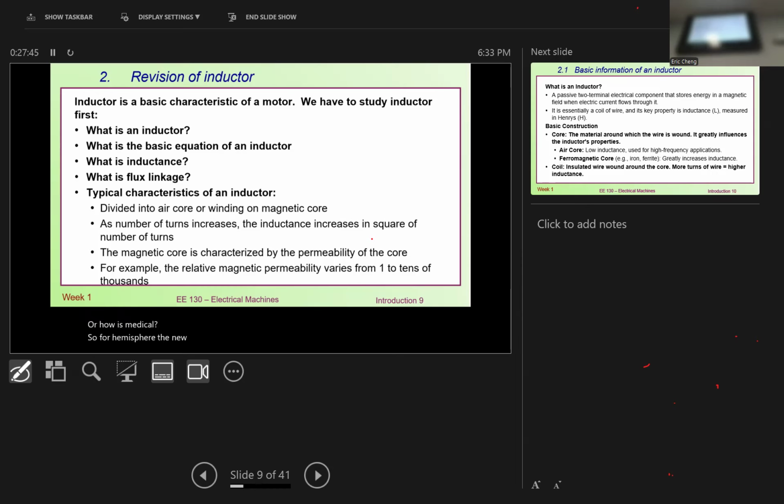For many magnetic cores, the mu R can be 1,000, 2,000, 3,000, and even higher, because we need the mu R to confine the magnetic field inside the magnetic core to focus it. So the relative permeability can vary from 1, that means pure air, to 10,000 and higher.